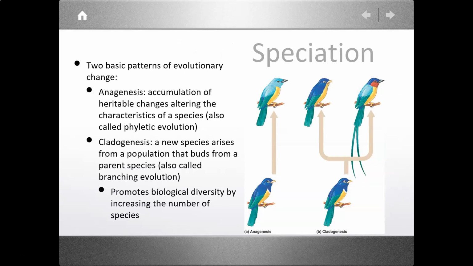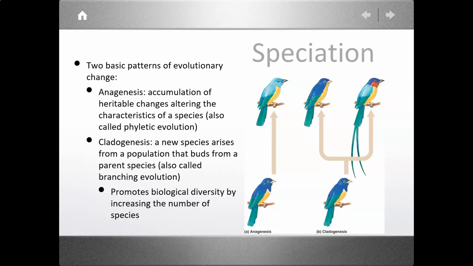So when we look at speciation, we really dive into these two major patterns. Either we can talk about evolution occurring in this process of anagenesis, which is just the accumulation of heritable changes that ultimately alter the ancestral species into the characteristics of the species we see now.